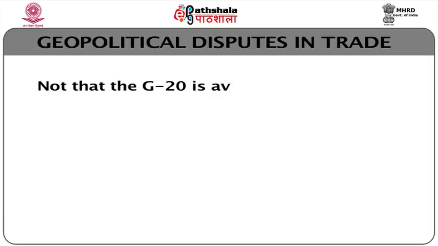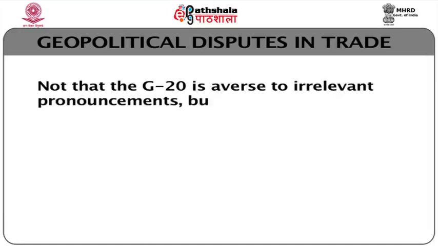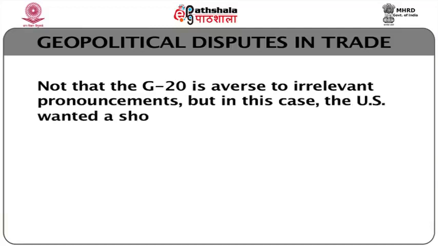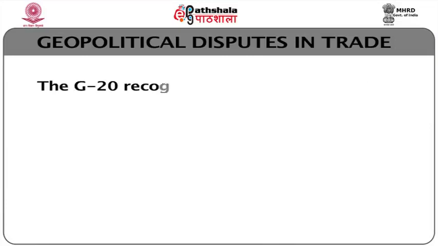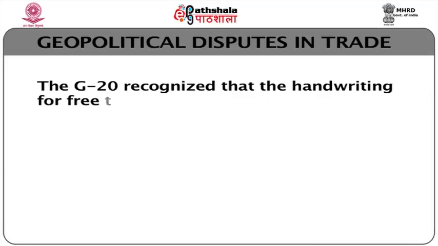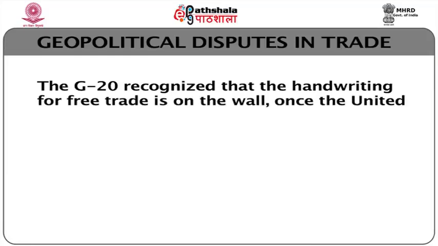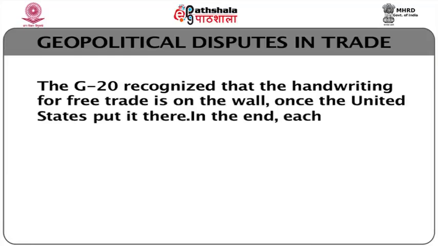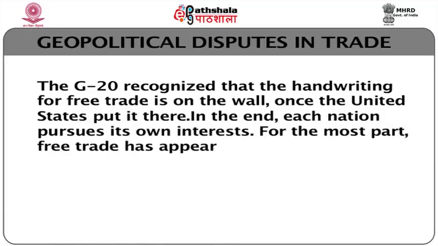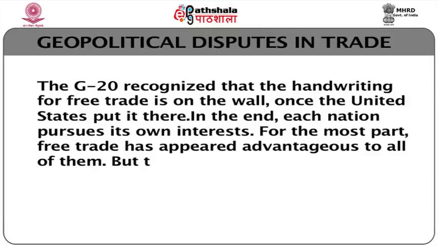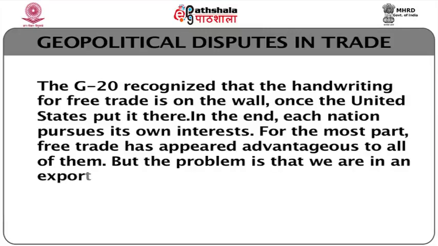Not only is the G20 averse to irrelevant pronouncements, but in this case, the US wanted a showdown on free trade and other members backed away. The G20 recognized that the handwriting on free trade is on the wall, put there not only once by the United States. In the end, each nation pursues its own interests, but for the most part, free trade has appeared advantageous to all of them.